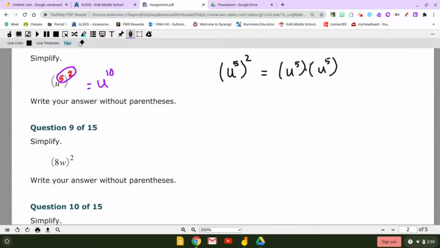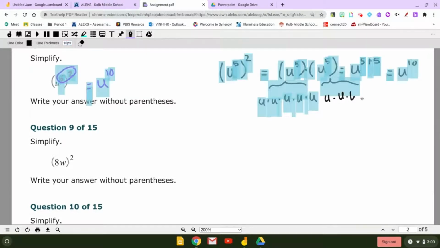Then as we know earlier, u to the 5th power times u to the 5th power, we can add the exponents. That will give you u to the 10. Or to make it even neater, u to the 5th power is just u times u times u, 5 times. And over here is u times u times u, 5 times.